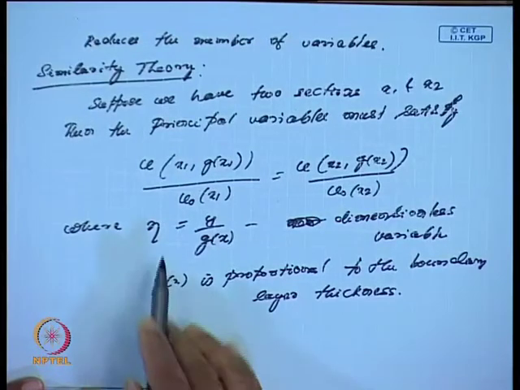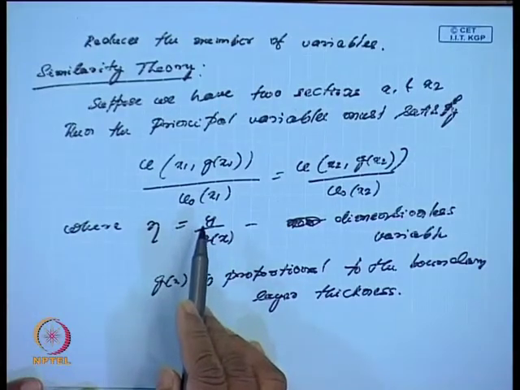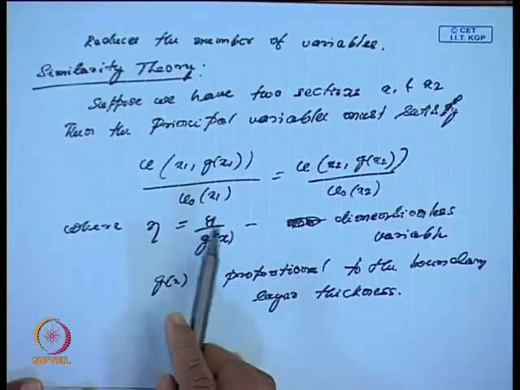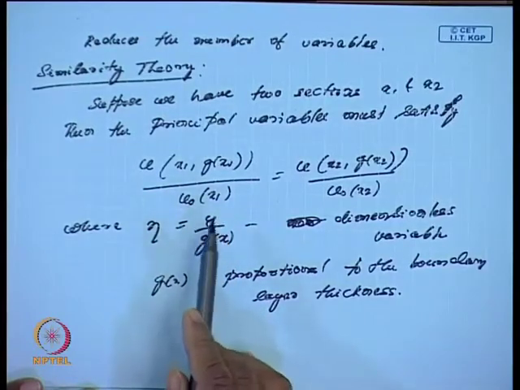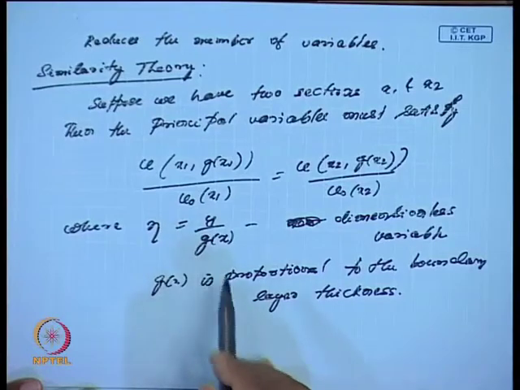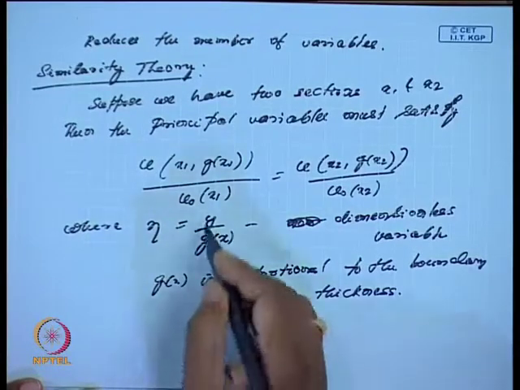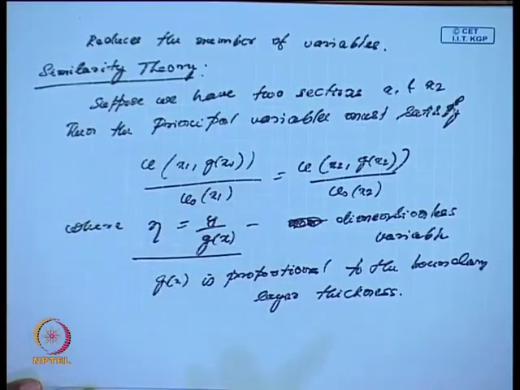And because of this variable, y by g(x), when you put eta and convert this, the whole problem, which depends on the x and y variables, we can reduce to just a problem of a variable called eta.